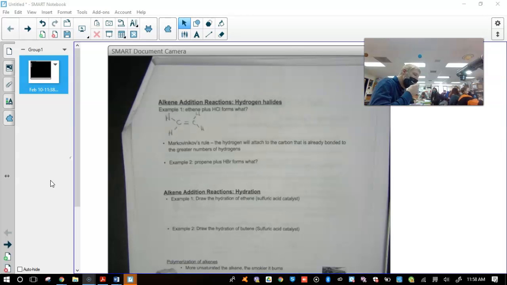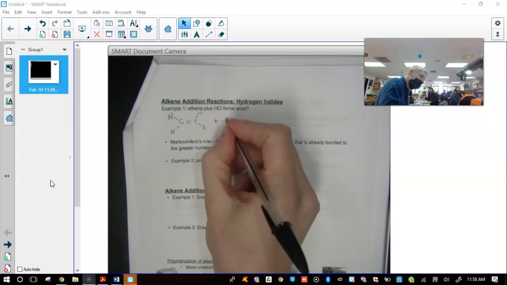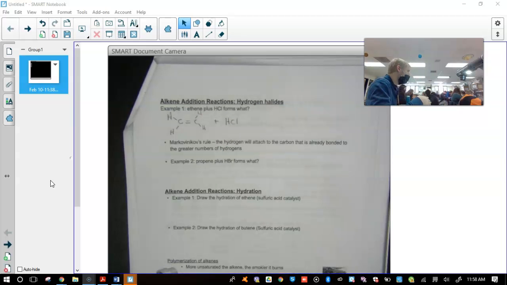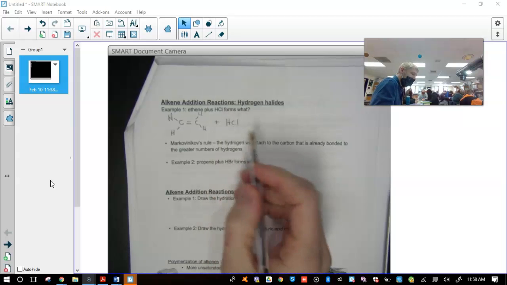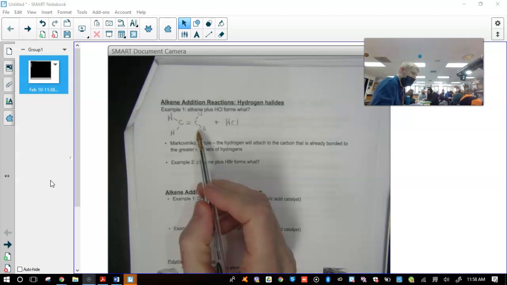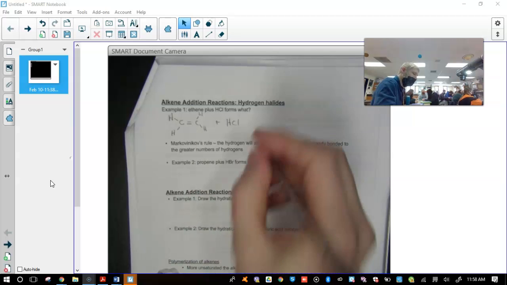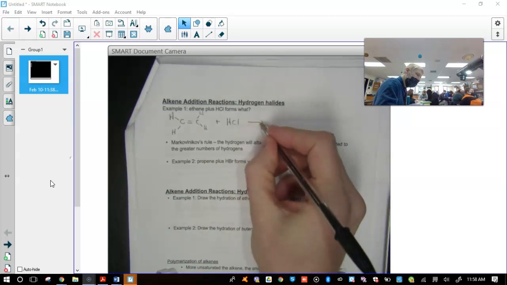This one's a little bit tricky because hydrogen halide is HCl. The other one was simple because it's 2 H's or 2 Cl's, so you just plop them on, but which one goes where? I guess this is a poor example because we're talking about ethene, so it doesn't matter. We'll do a better example after this one.